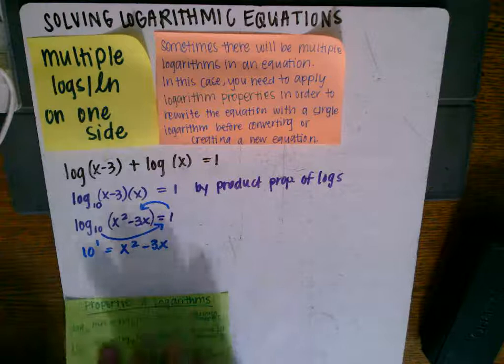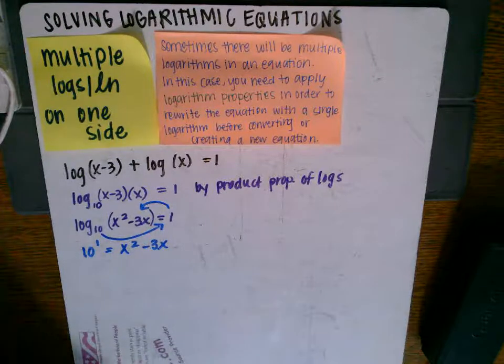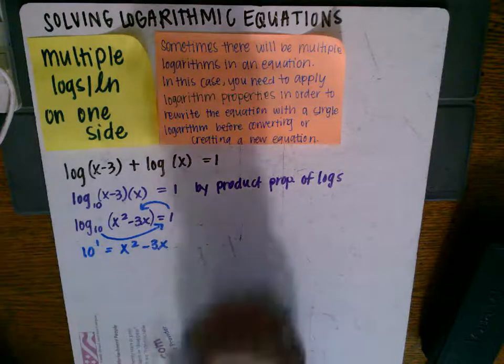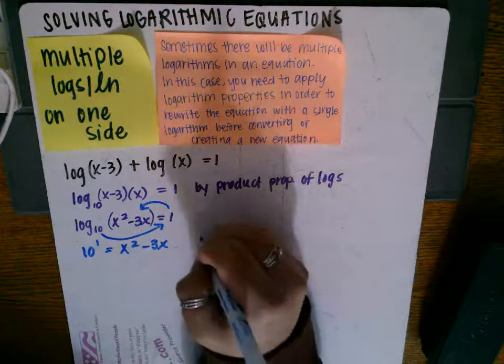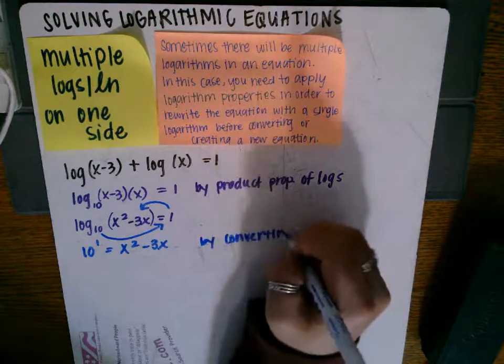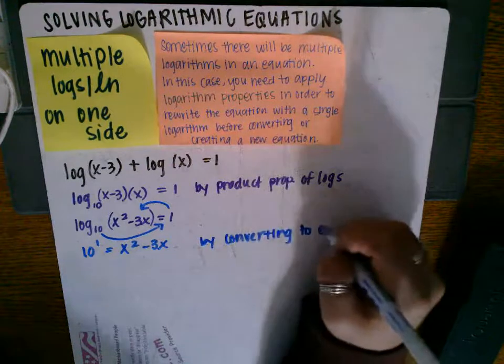Now remember, whenever you have a quadratic, ladies and gents, you're going to have to factor, okay? So let's just move this bad boy over. So I'm going to write this as by converting to exponential.